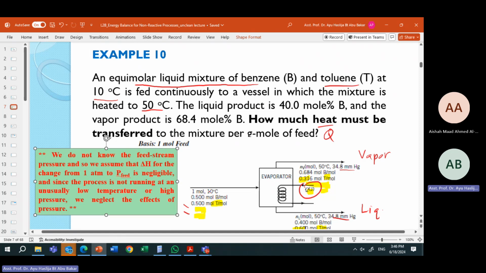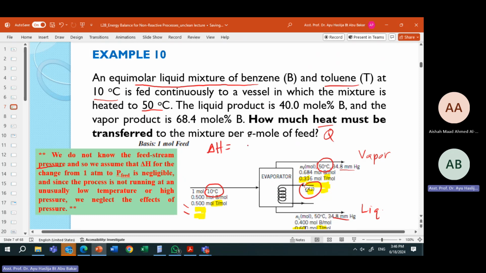The process is at 10 to 50 degrees C. Not unusually low means the process is not at, let's say, negative 20 or up to 500 degrees C. If it is in the range of normal temperature, we can assume the pressure change can be ignored.